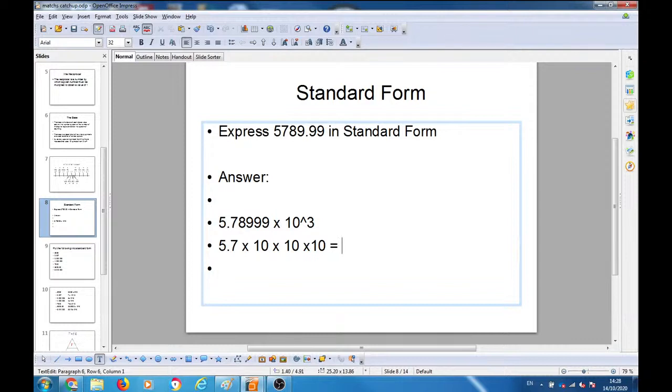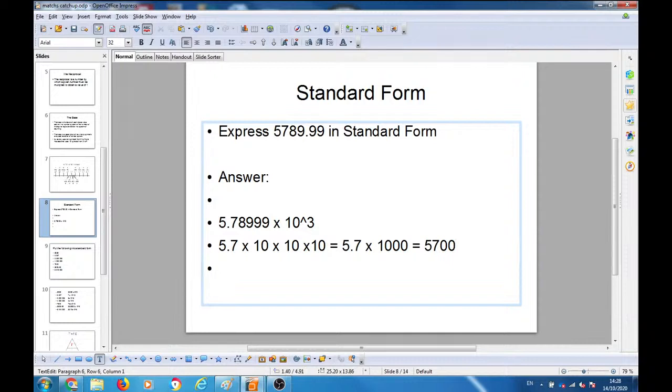Or that would be equal to 5.7 times 1000. And that obviously would be equal to 5,700, to indicate this number.